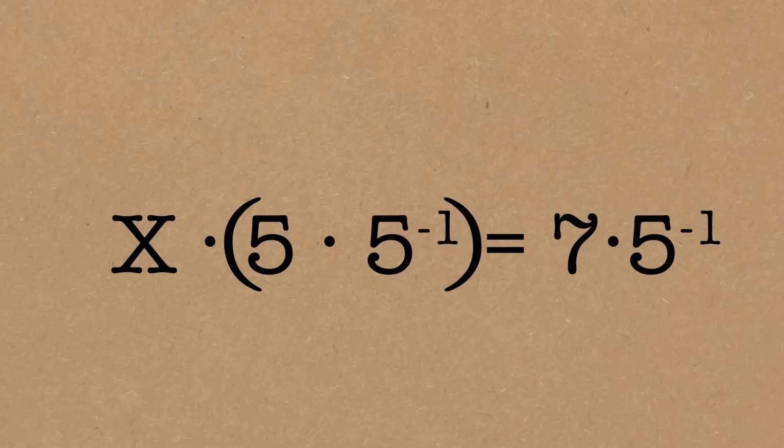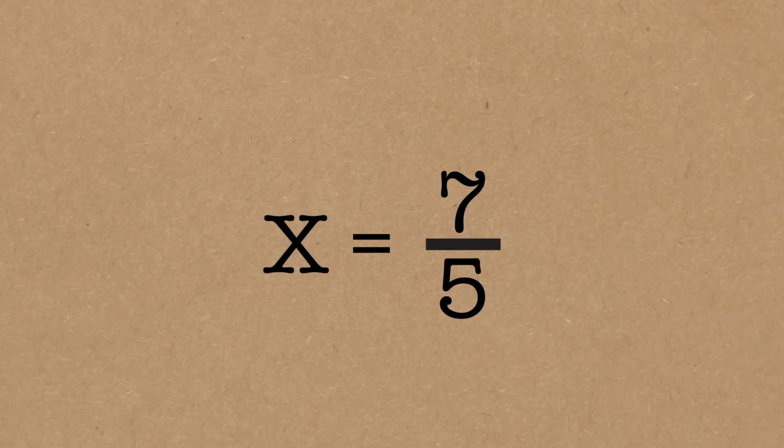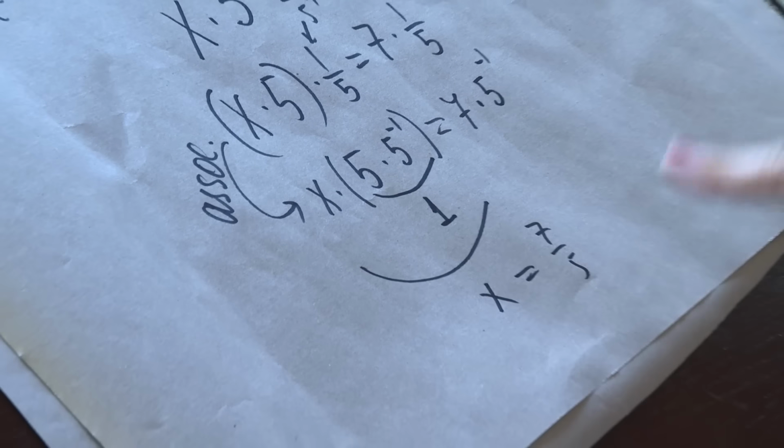And then on the right hand side, I'm going to have 7 times 5 inverse. Yes, I know this is 7/5, but just forget about that for now. Now this guy here is our promised 1, and when I multiply those, I get x. And then you're going to get your 7/5. So that's the idea. Can we replicate this on our Raffle function?